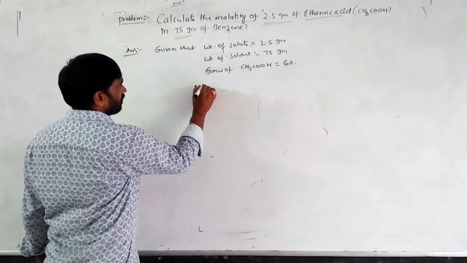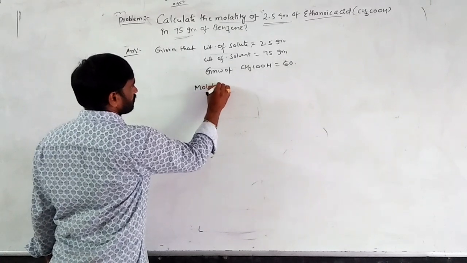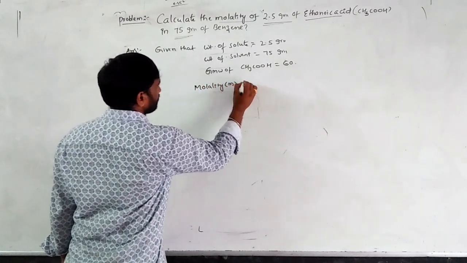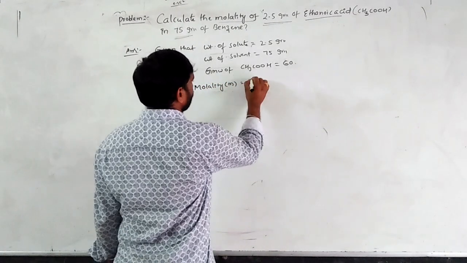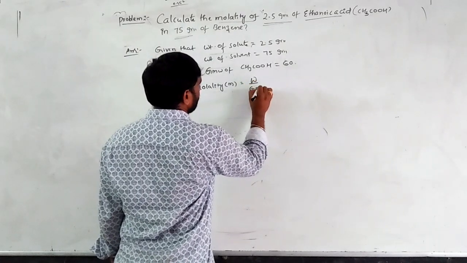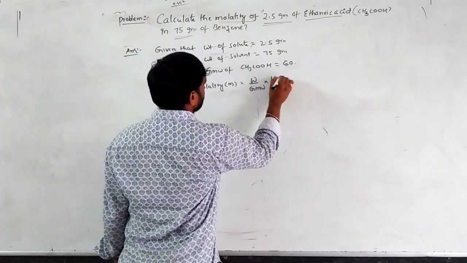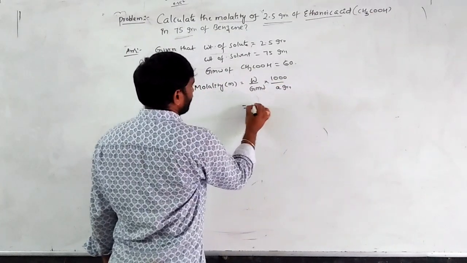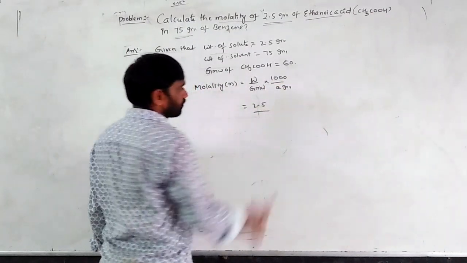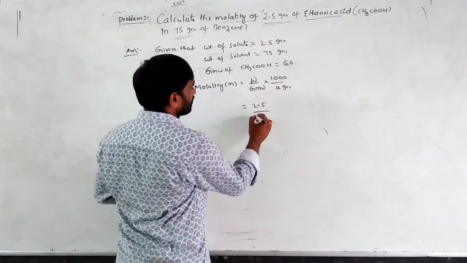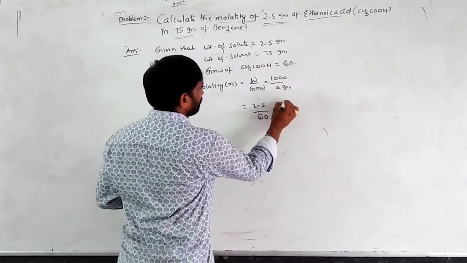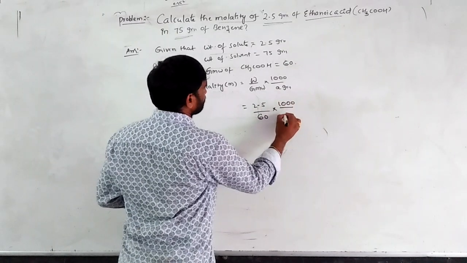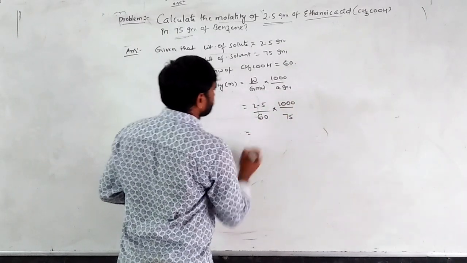Therefore molality, small m, equals weight by gram molecular weight into 1000 by A grams. Weight of solute 2.5 by gram molecular weight 60 into 1000 by weight of solvent 75.